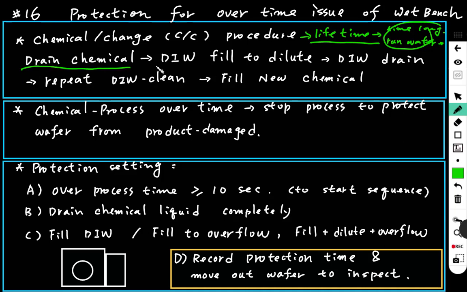First of all, drain the chemical, then fill the DI water to dilute.